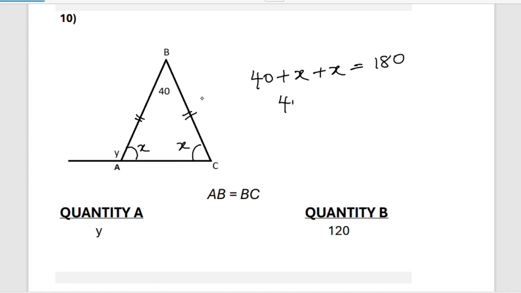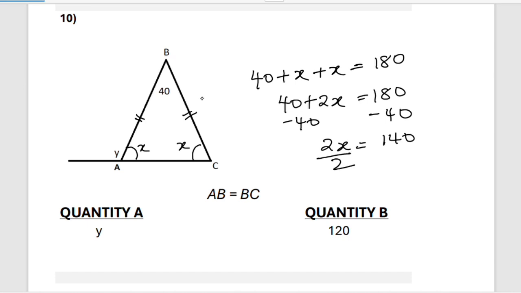This is 40 plus 2x is 180. Let's subtract 40 from both sides. We have 2x is equal to 140. Divide by 2, we have that x is simply 70 degrees, okay?